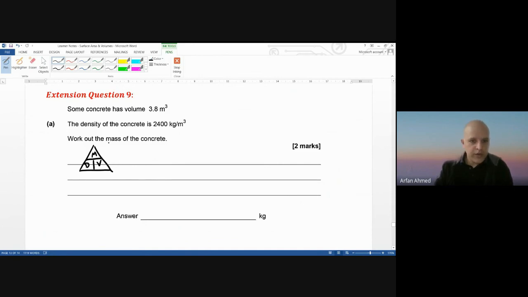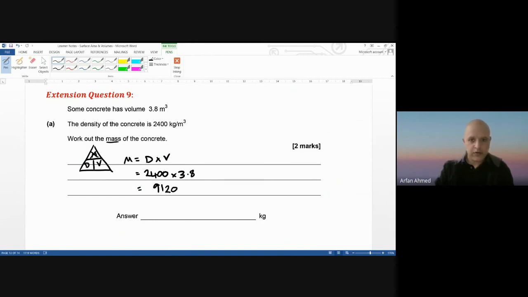Which one are we working out? The mass. So you cover up the mass. So you're doing density times the volume, which is going to be 2,400 times 3.8. 9120.